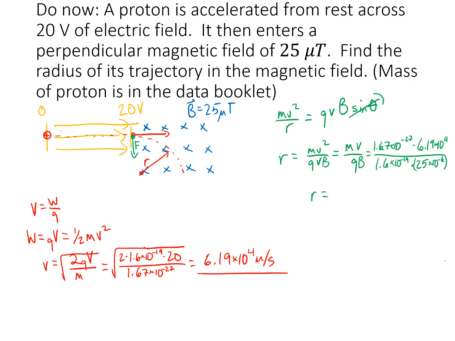R then becomes, when we plug it in, a very large radius of 25.8, or to 2 sig figs, 26 meters. Quite large. We need a very large collider to measure that, or maybe it'll just be a small deflection that we're looking at. Anyway, that's basically it.